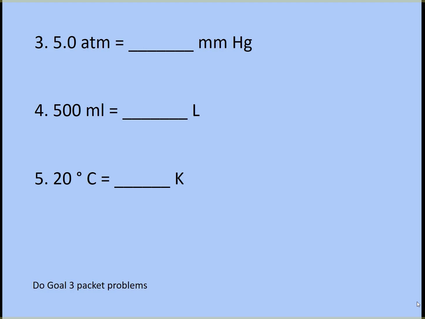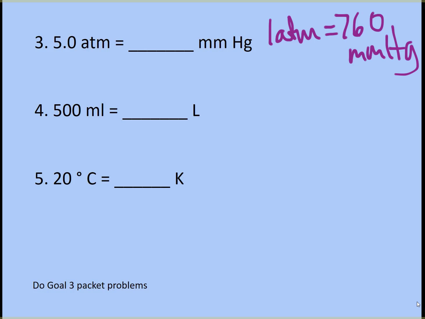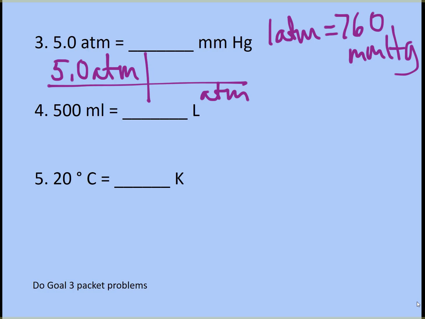So I have atmospheres to millimeters of mercury. What do I know? I know that 1 atmosphere, and again, you can get this from your data sheet. You don't need to memorize it, but you would save time if you did. I'm going to start with my number, so 5 ATM. To cancel this out, I want to make sure I have atmospheres at the bottom, and I'm going to change it to millimeters of mercury.